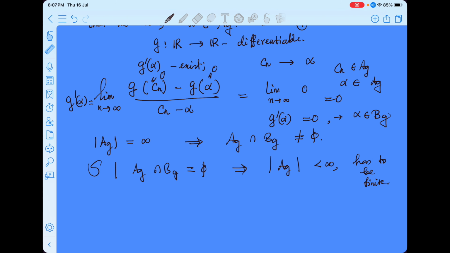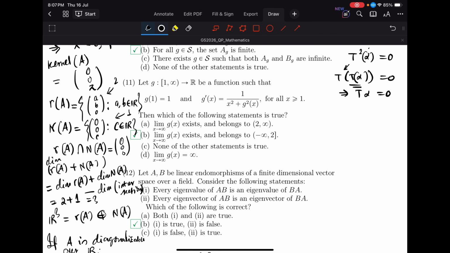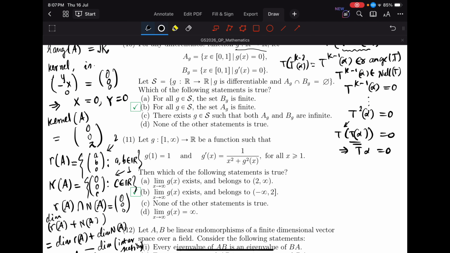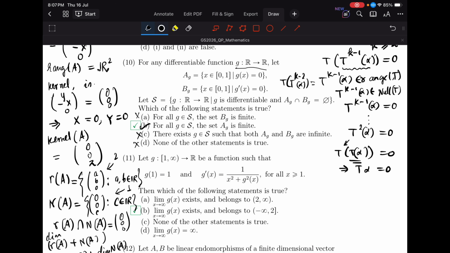So AG is finite. This is the right option. So the option that both are infinite is not true. One can also show explicitly by an example that not for all g is the set BG finite.